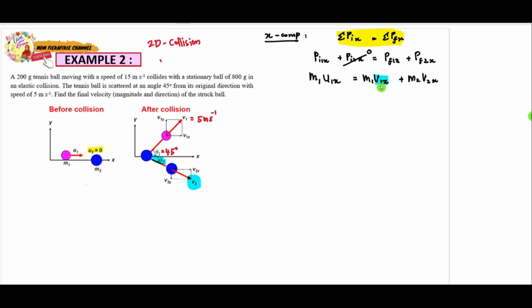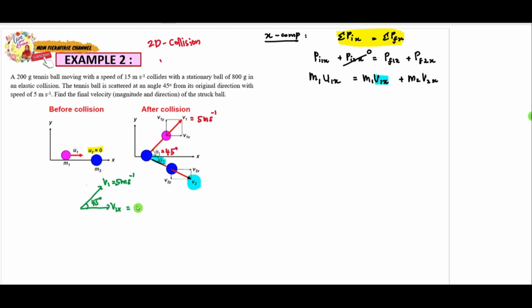Okay, so since V1 kita tahu nilai dia 5 meter per second at angle of 45 degree, so kita boleh resolve V1. Okay, saya resolve dekat bawah ni ya. So kita ada V1 equal to 5 meter per second. So I want to resolve into V1x. So this is 45 degree.